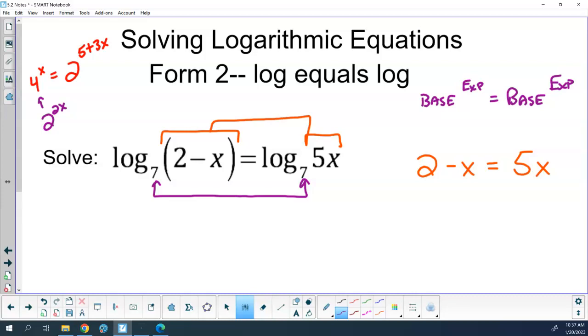So if that's the case, then I would add x to both sides. Divide by 6 on both sides. And I get 1/3 equals x.